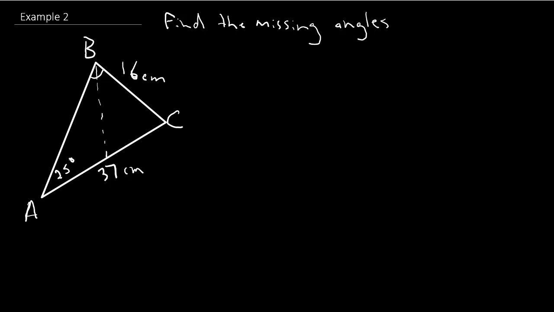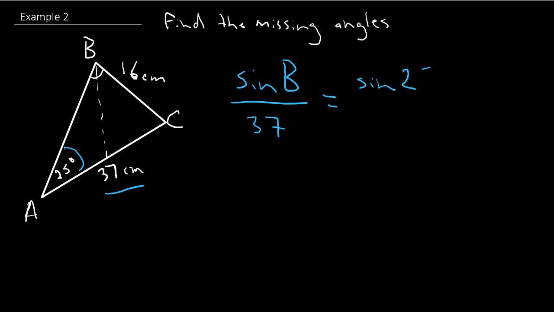In this case, we're solving for angle B, and in order to do that, we're going to try and put the angle B at the top, so sine of B, because it's our unknown, and then we put the side length of B, which is always the opposite, so right there, equals sine of 25, which is our angle A, and the opposite is 16.